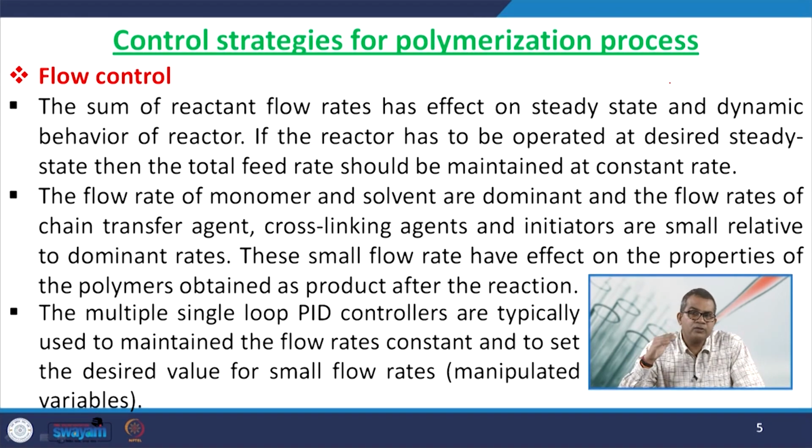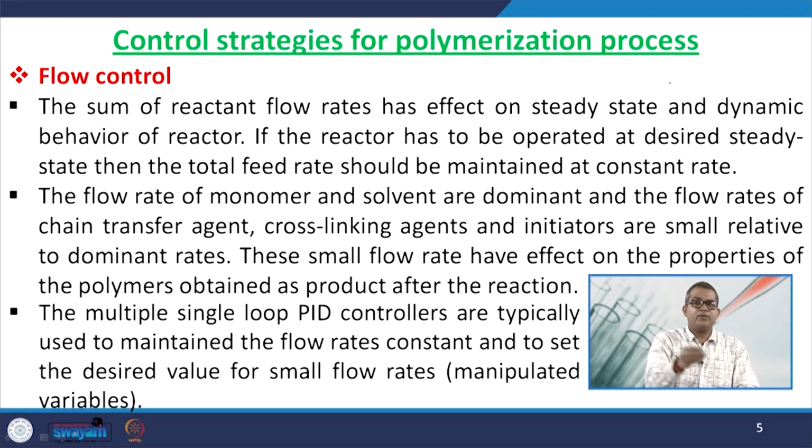If you have an unsteady feed rate, or variation in the feed rate, then there may be a chance that your polymerization goes on the higher side, or sometimes you may get a sticky mass which you can't process further.